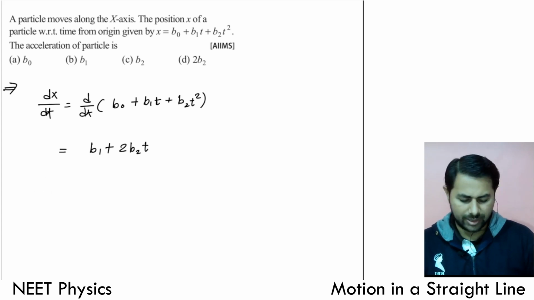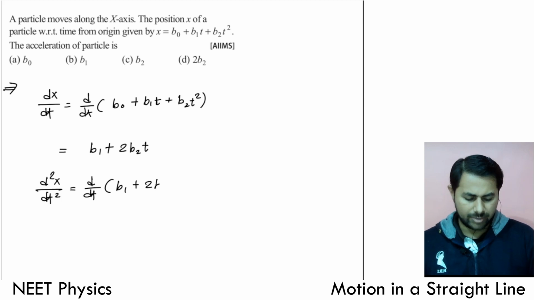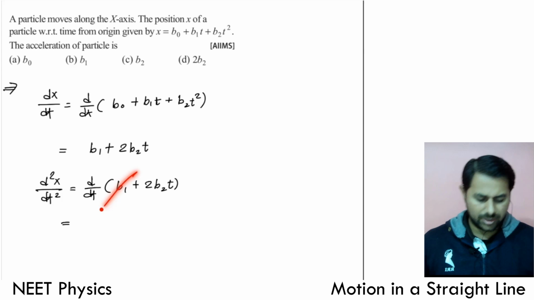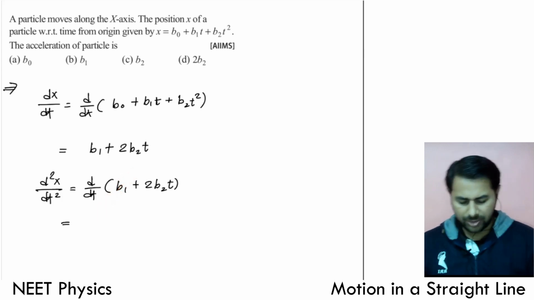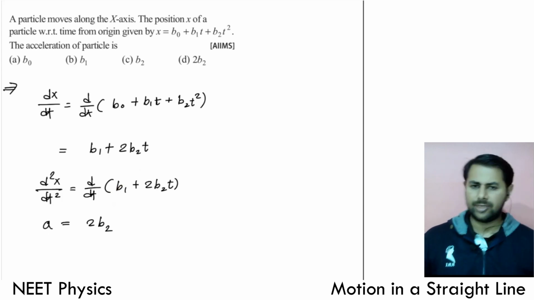So d2x by dt square will be equal to d by dt of b1 plus 2 times b2t, and again this thing will be 0, derivative of this one is 2b2, and this is the acceleration.